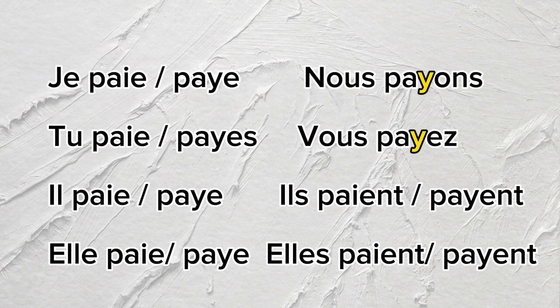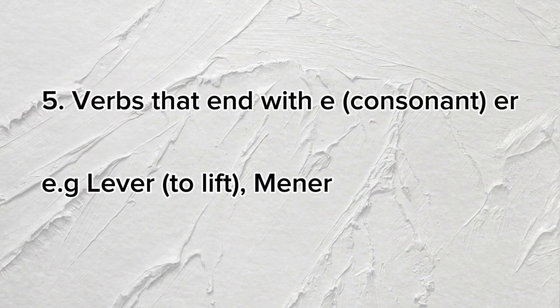It is not changed. The next exception will be the verbs that end with E, consonant, ER. Example, lever, mener. So a grave accent is introduced for all the pronouns except nous and vous.